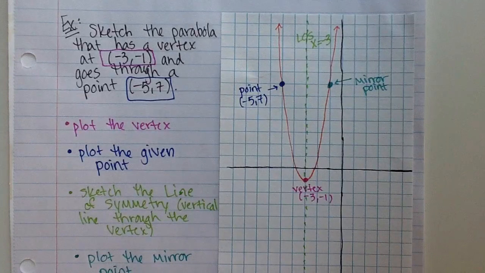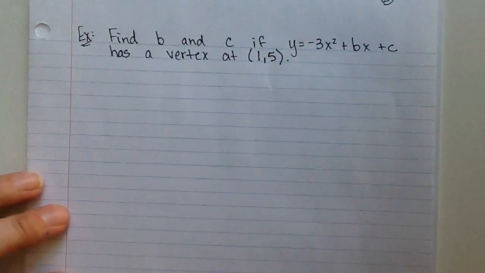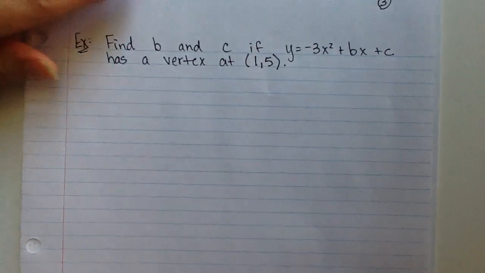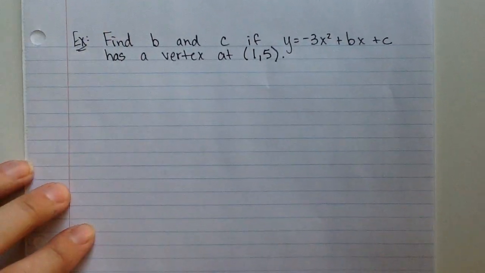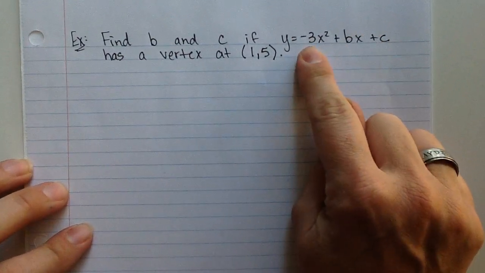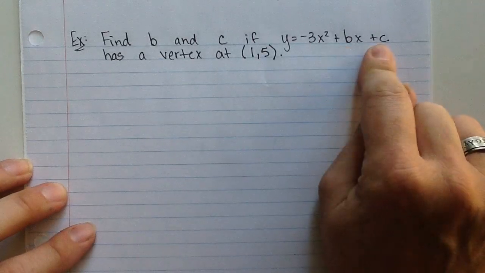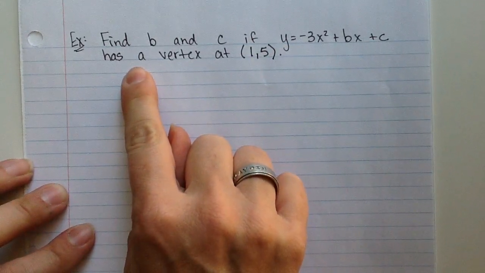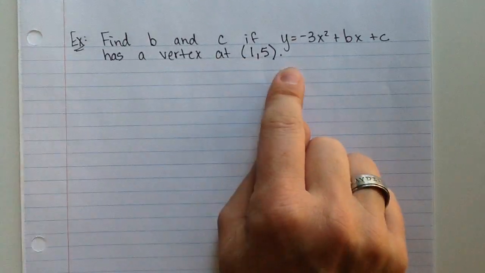We have one last problem to do in this section, and it's this guy right here. This is going to be kind of a thinker. We are supposed to be able to find b and c for this equation, y equals negative 3x squared plus bx plus c, where this parabola has a vertex at 1, 5.